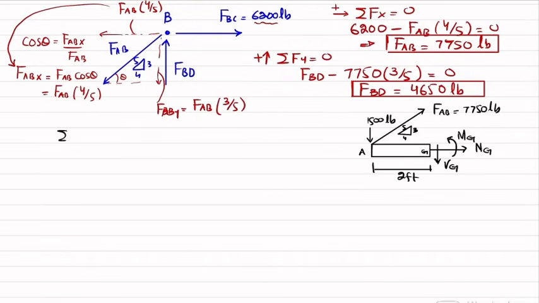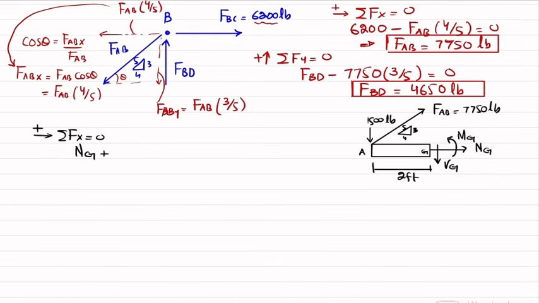For that, I will apply the equation of equilibrium that the sum of all forces along the x direction is equal to 0, and force toward the right side is taken as positive. So one force, NG, is taken in the positive direction. So I will write NG, and the second force is the horizontal component of FAB, which is equal to FAB into cos theta. This is theta, so cos theta is 4 divided by 5.